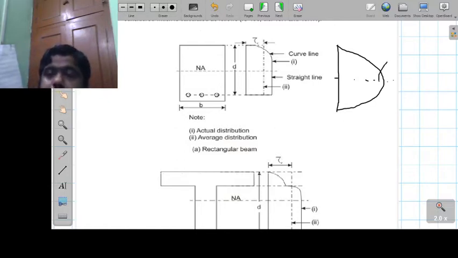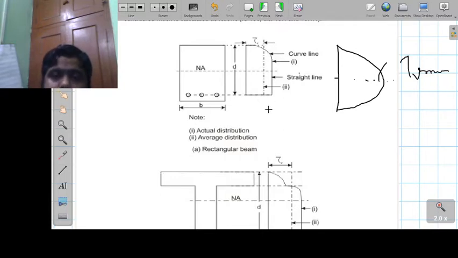So that means we can calculate here the tau v max. At this location we can find the maximum shear stress. This we can call tau v max, and this is the average shear stress.